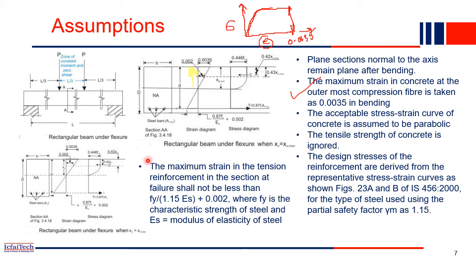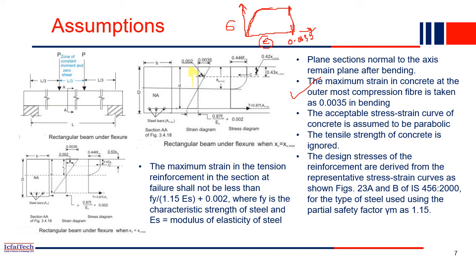And the last assumption, the sixth assumption, is for the concrete steel. The maximum strain in the tension reinforcement in the section at failure shall not be less than Fy by 1.15 Es plus 0.002, where Fy is the characteristic strength of the steel. What is Fy? Fy is the yield strength of steel. If you go to the market and ask for steel, you will get Fe 500, for example.